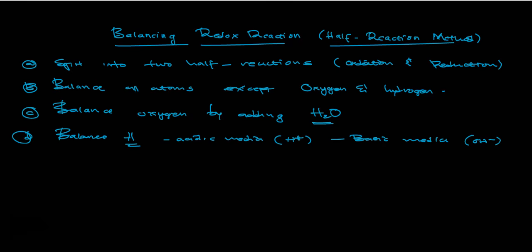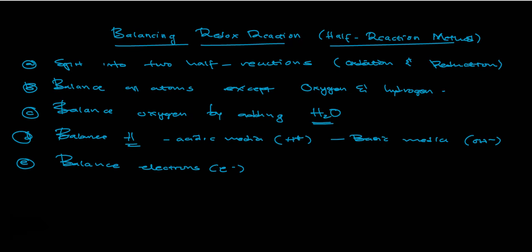After that, you are going to multiply each half reaction by factors so that the electrons may balance. So number 5, you are going to balance electrons. How do we balance electrons?